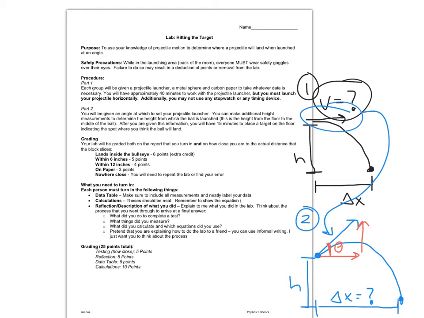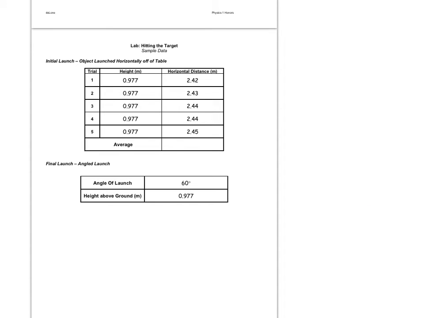So let's take a look at the sample data and a few things with the setup here. For that initial launch, the horizontal launch, we're going to set up our chart in both the x direction and the y direction.